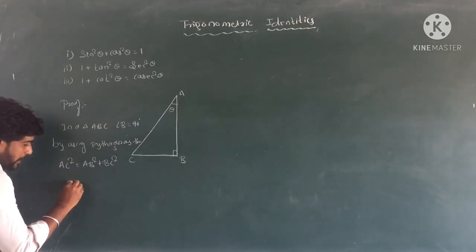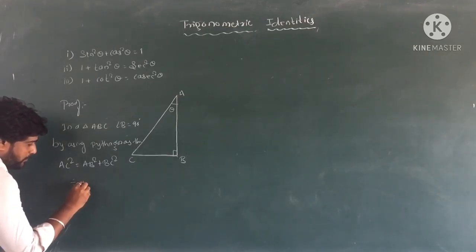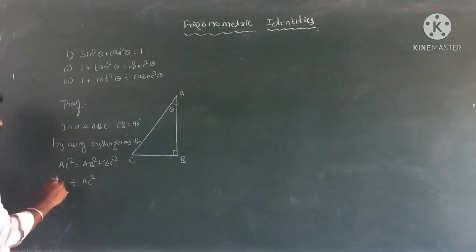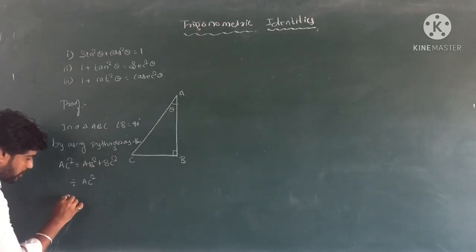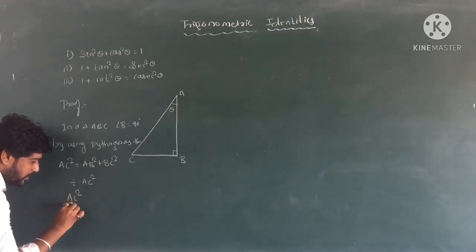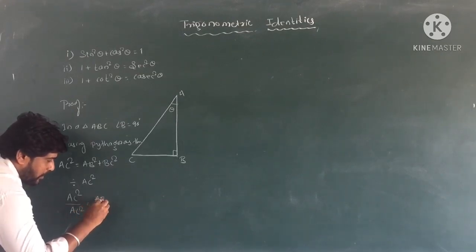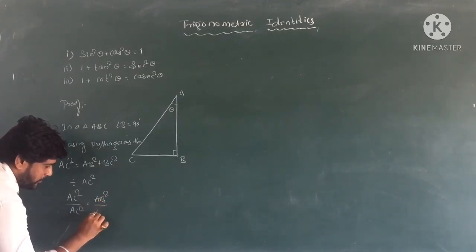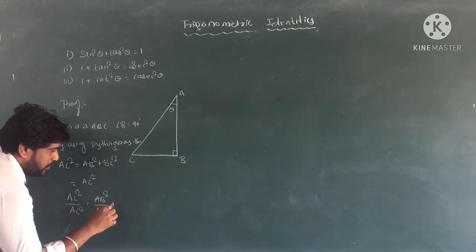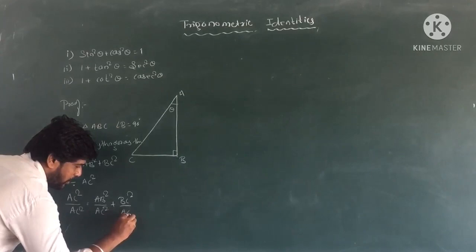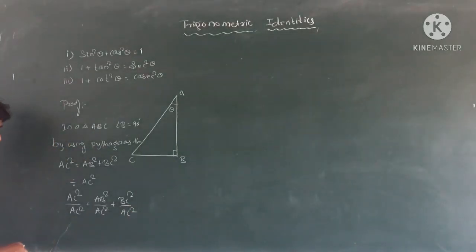So now the whole equation divided by AC square. This equation will become AC square divided by AC square is equal to AB square divided by AC square plus BC square divided by AC square. So now AC square gets cancelled.